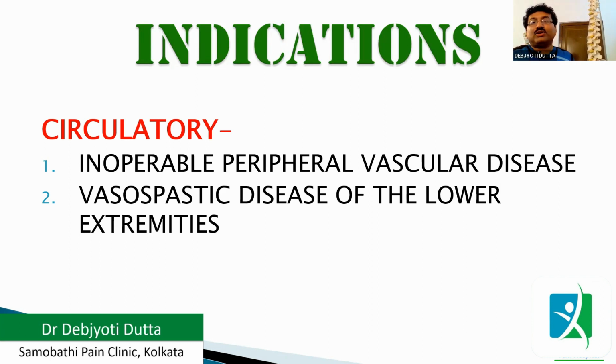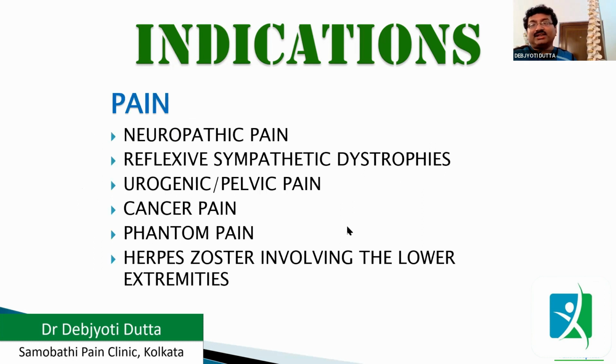So we can say the circulatory indications are inoperable peripheral vascular disease and vasospastic disease of the lower extremities. The other one is pain, that means sympathetically mediated or maintained pain, like neuropathic pain, reflex sympathetic dystrophy, nowadays named CRPS type 1 or complex regional pain syndrome type 1, urogenital or pelvic pain, or any other visceral pain due to cancer, phantom pain, herpes zoster involving the lower extremities. So these are the indications.